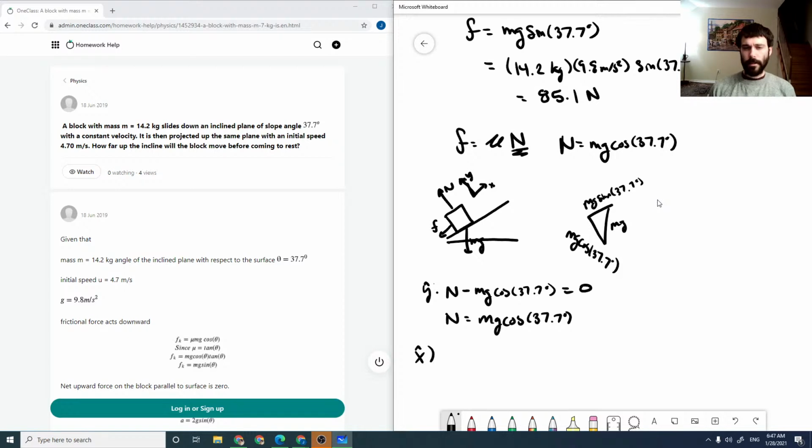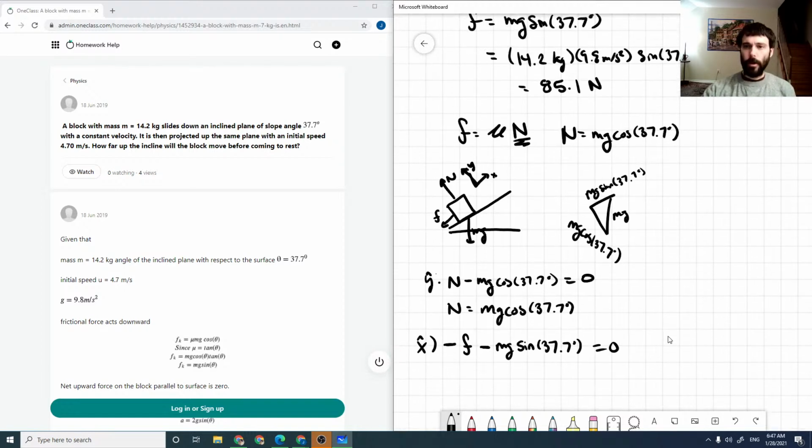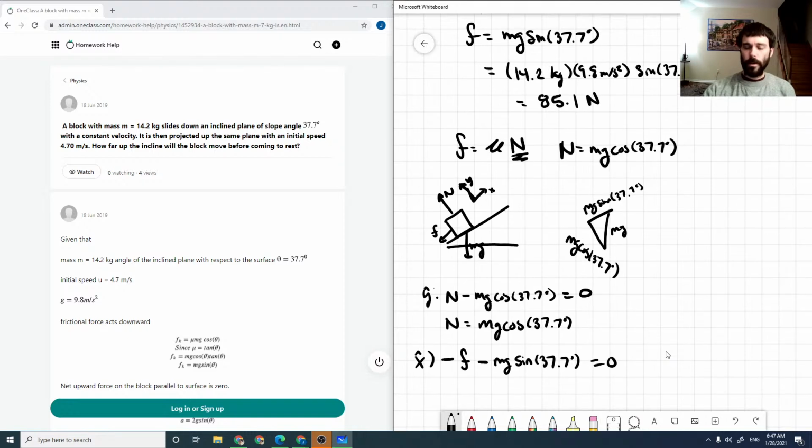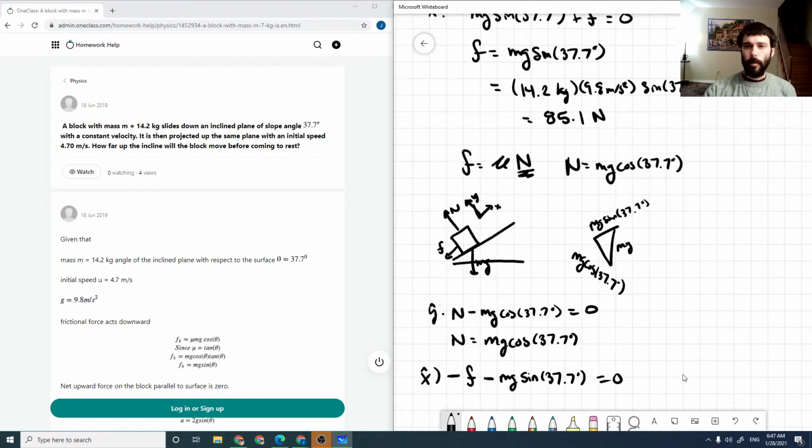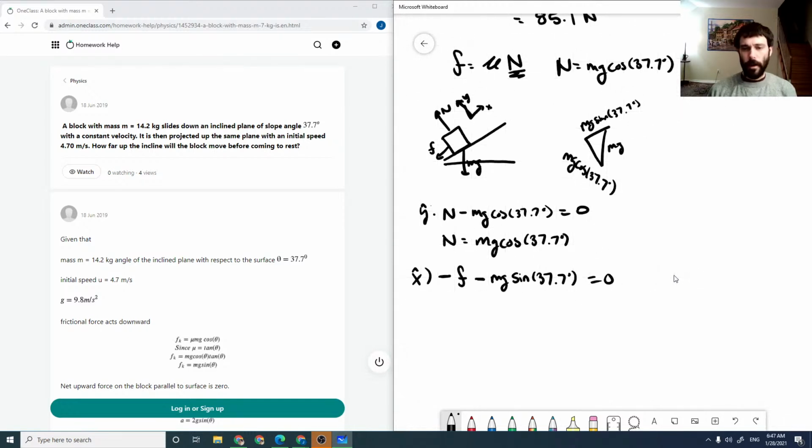So now looking in the x-hat direction, we have minus our frictional force, because it's now in the minus direction, minus our mg sine 37.7 is equal to 0. But we already solved for both of these, so our friction was mg sine 37.7. So both of these are just 85.1 newtons.